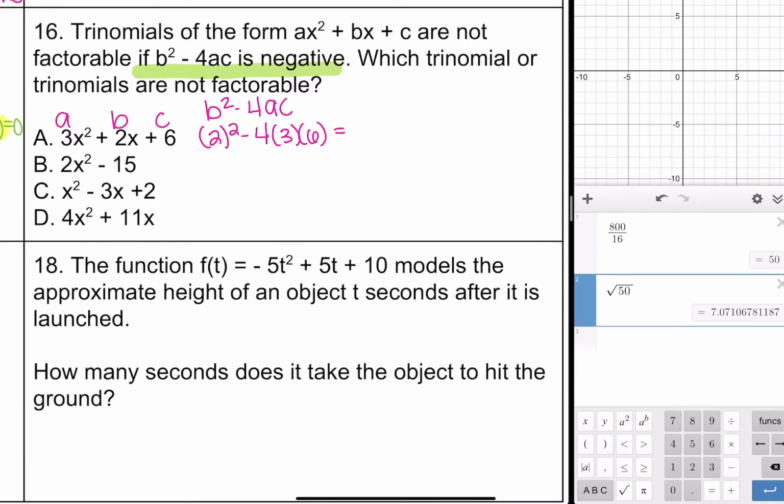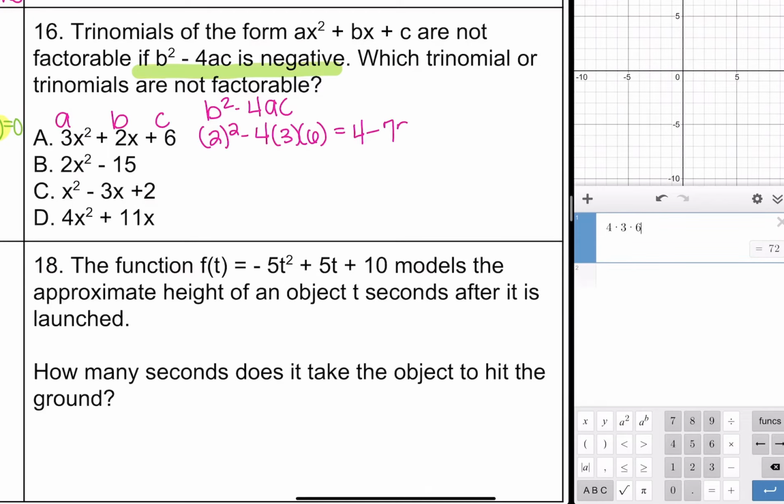So that would be 2 squared is 4 minus 4 times 3 times 6. Well, I can go ahead and tell you that 4 times 3 times 6 is going to be bigger than 4. So we're going to get a negative number, but we'll do it just to show you. So 4 times 3 times 6 is 72. So 4 minus 72 is definitely a negative number.